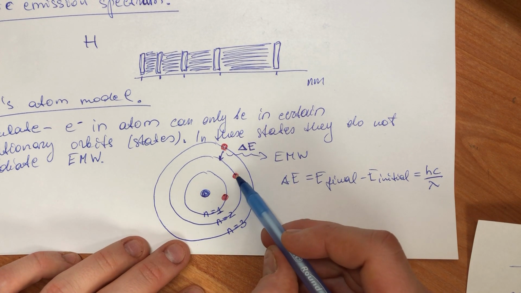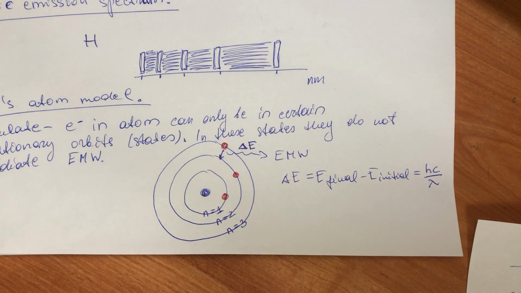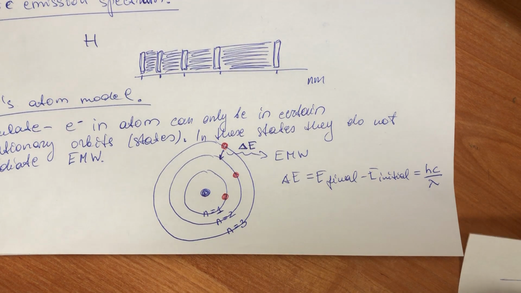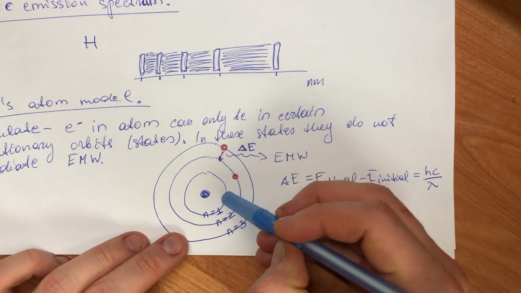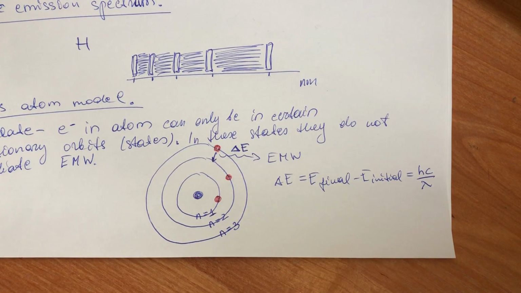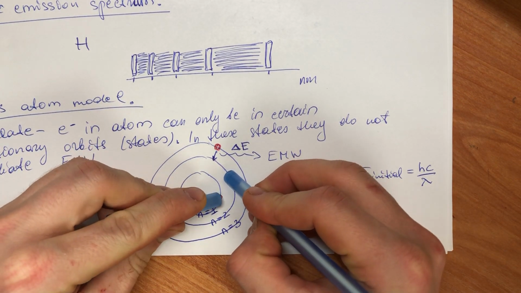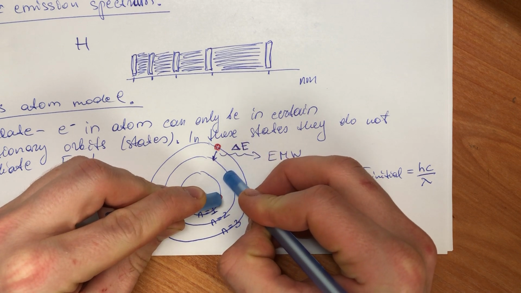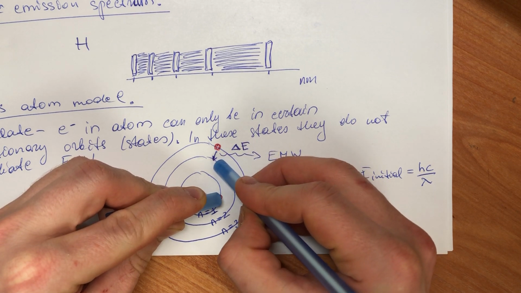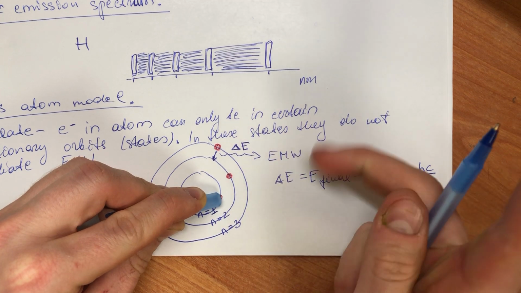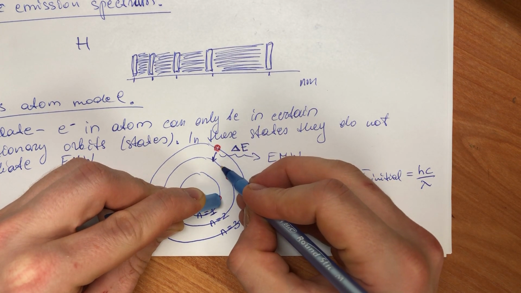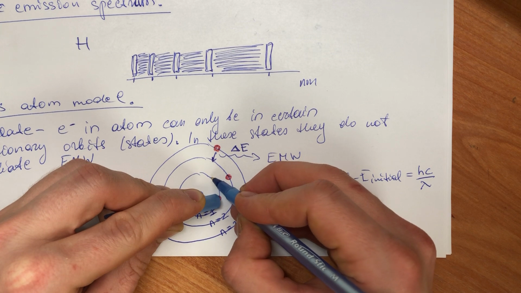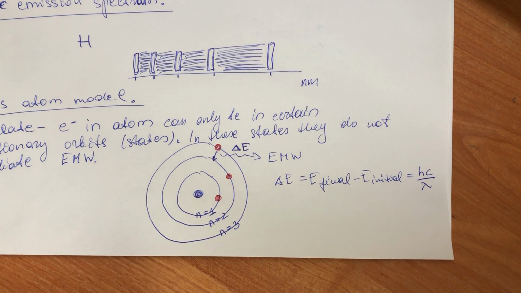In this case, you can imagine that there are no red dots, and this would be one electron in the hydrogen atom that can go into this state, or two that has less energy, or this one that has the least energy.